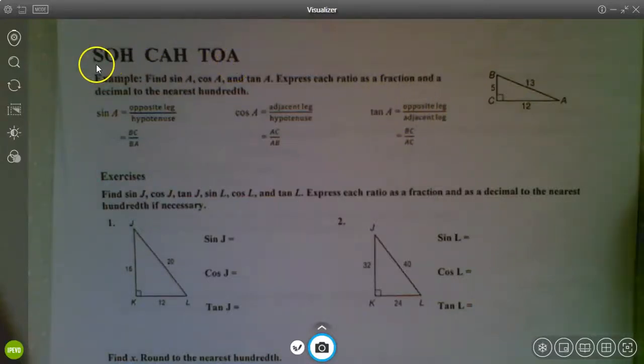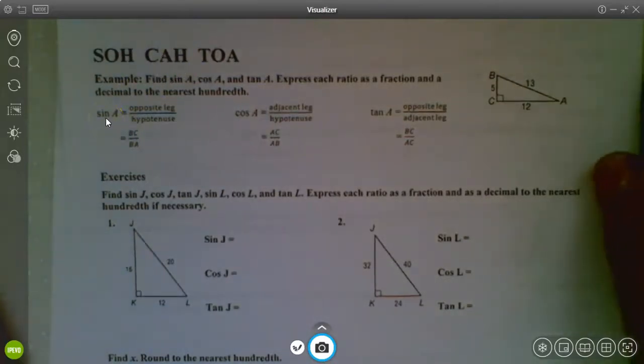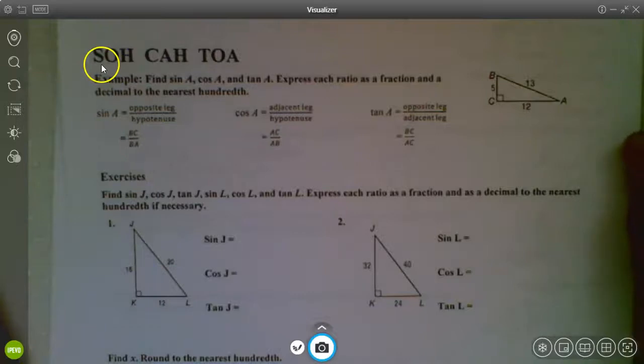This is just a nice little short acronym to help you remember what goes with what and how we write these out. So if we wanted to say what is the sine ratio of angle A, look over here, here's angle A. What would our sine ratio be? We know that sine compares the opposite leg to the hypotenuse.